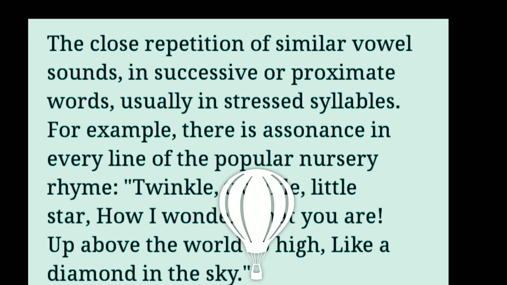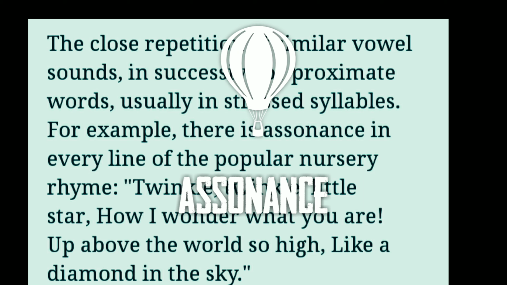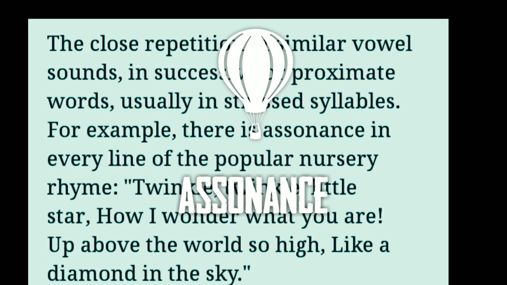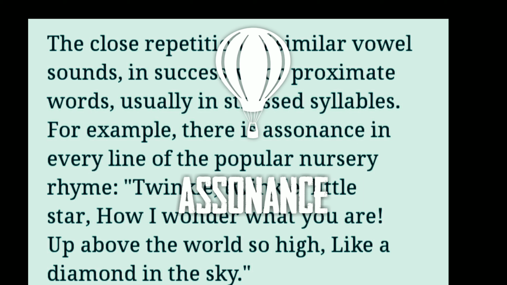Next is the assonance literary device, the close repetition of similar vowel sounds in successive or proximate words, usually in stressed syllables. As I told you earlier, there are 5 vowels in the English alphabet. For vowel sounds, the assonance literary device is used.